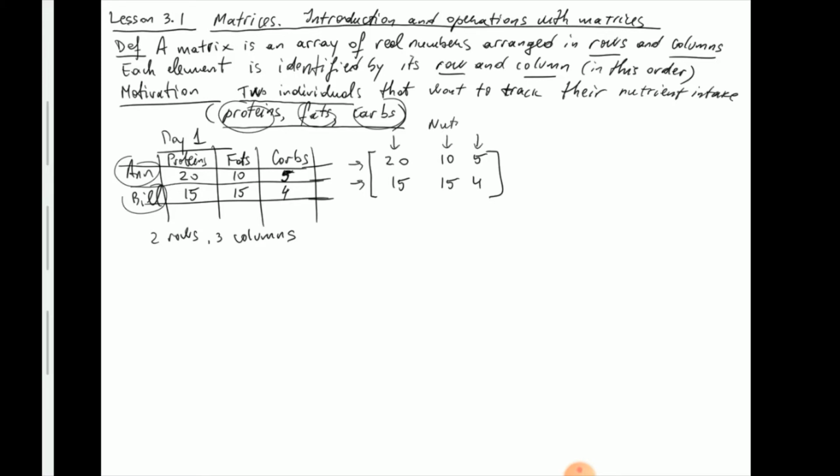So if I do word problems with matrices, I better know the meaning of the columns and the meaning of each row, and then I better write them down just to make sure I don't forget the meaning. Typical notation of matrices is with capital letters, so you can call this matrix A.